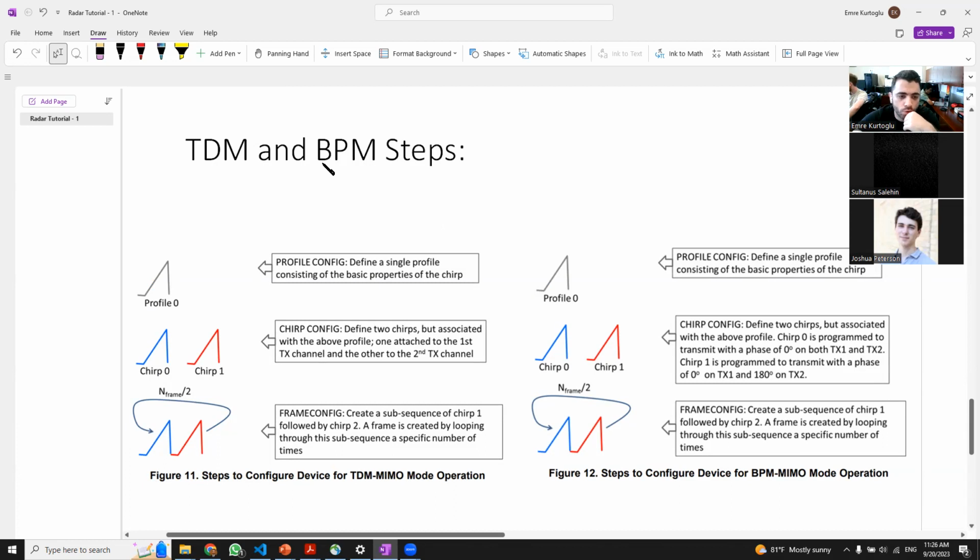BPM is also easy, but sometimes if you forget to adjust the phase, your data becomes corrupt, so you may run into problems. Also, you need to do certain changes in the code part as well. So we'll see both of them, and you can use whatever you want.